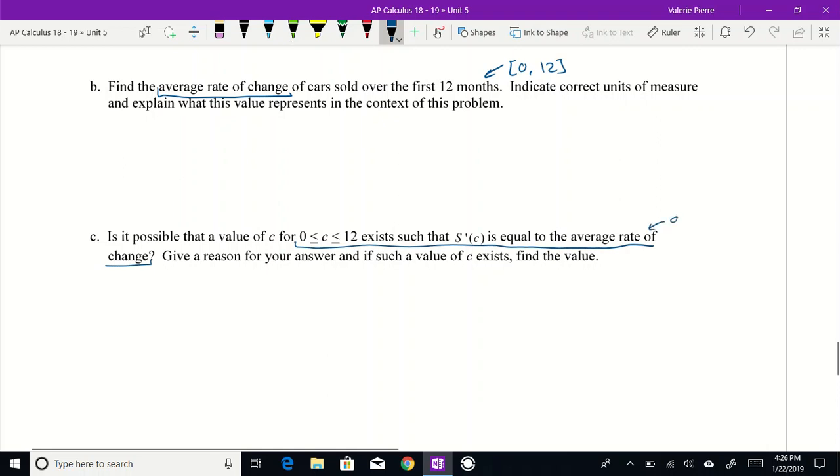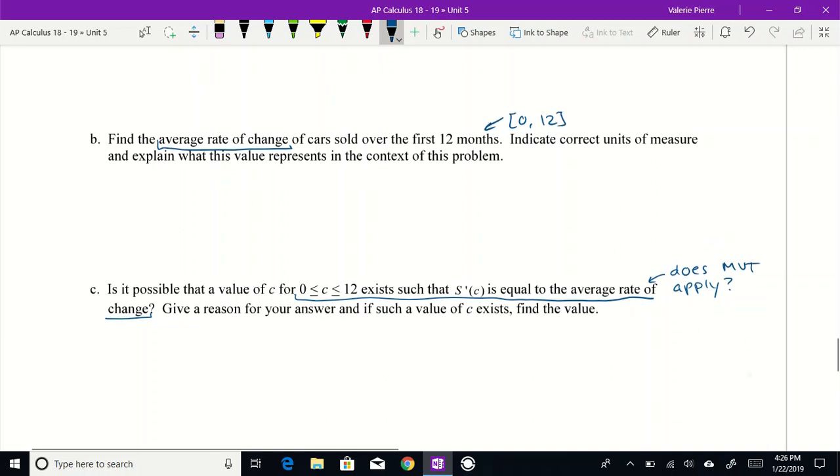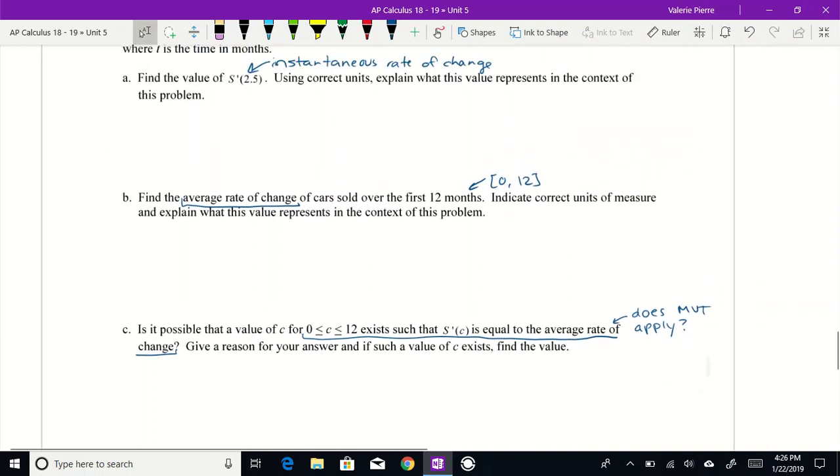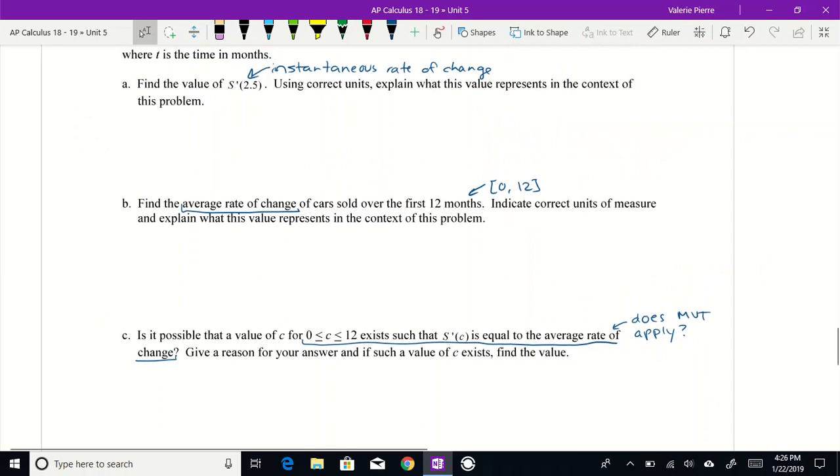This is asking us, does the mean value theorem apply? And if it does, then identify the value of t, or C. Okay, so what I want you to do is take a crack at those three problems on your own. See if you can figure out A, B, and C.